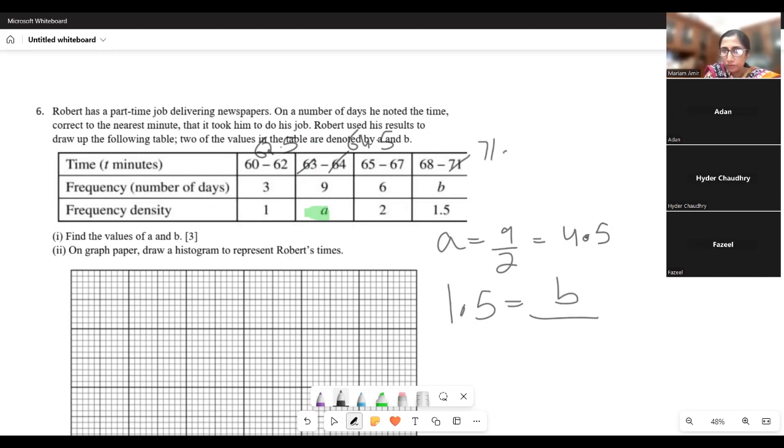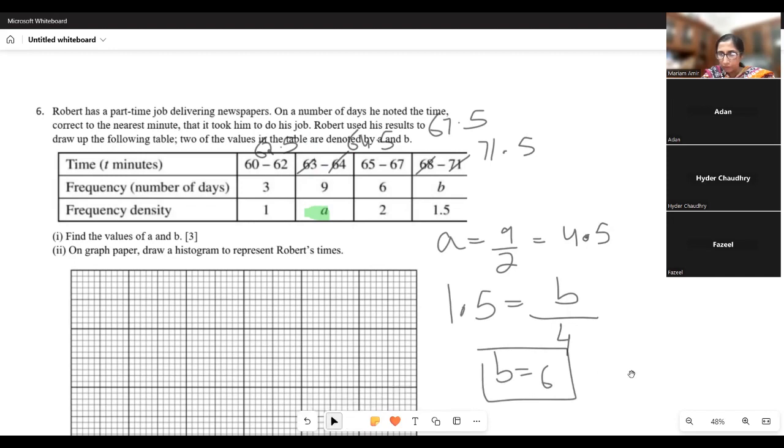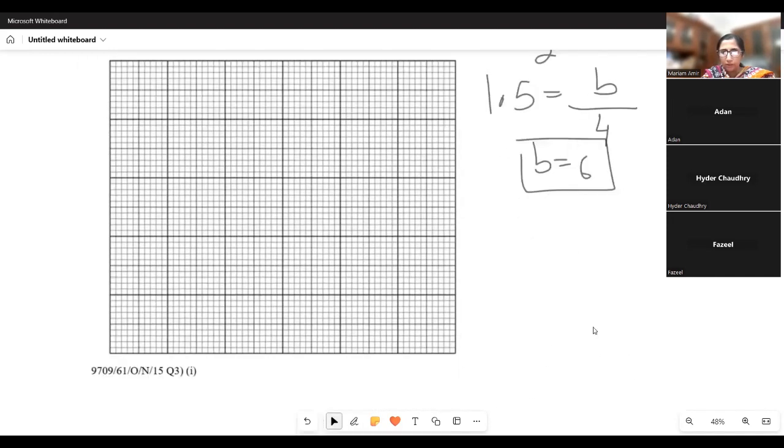Same, adjust that, 71.5 and 67.5. So this becomes 4. So B is going to be 6. What else do we need to find? That's it.